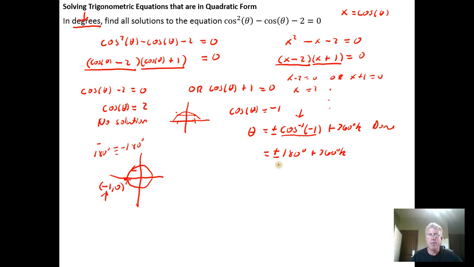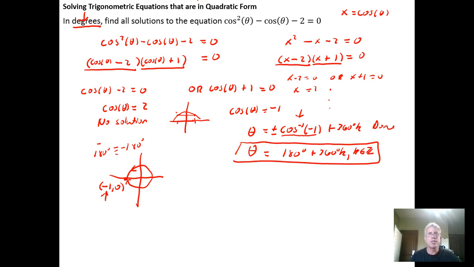So I actually don't need to go 180 degrees plus 360k to get all coterminal angles. If -180 is a coterminal angle, then 180 degrees plus 360k gets it. So in this case, this is a special case where I don't need the plus or minus. And so here I have all solutions as long as I tell the reader that k needs to be an integer: 0, plus or minus 1, plus or minus 2, and so on and so forth.